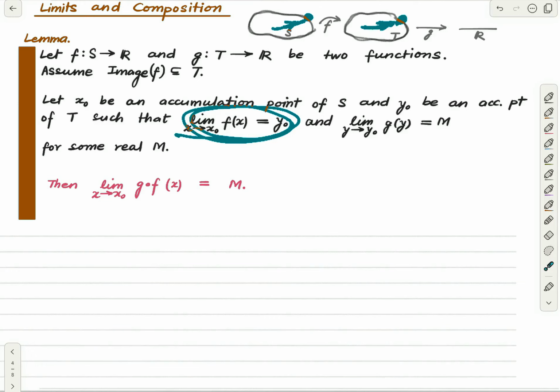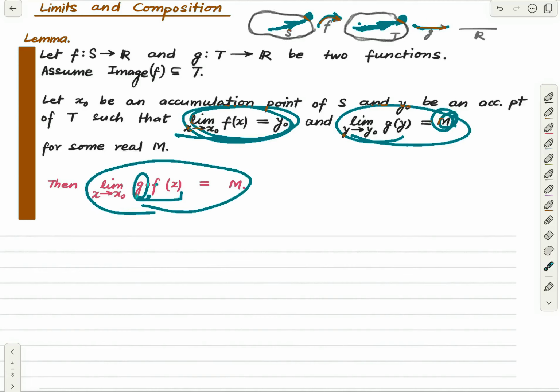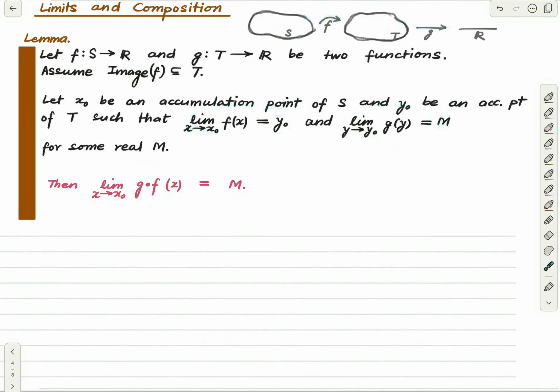And what does this say? It says as you come closer and closer to y naught, under the function g, you become closer and closer to m. So if you just apply this two-step process, you come closer to the point x naught, and therefore once you apply f, you come closer and closer to y naught, and then you apply g, you come closer and closer to m. So this is not some extraordinary thing that we have written.